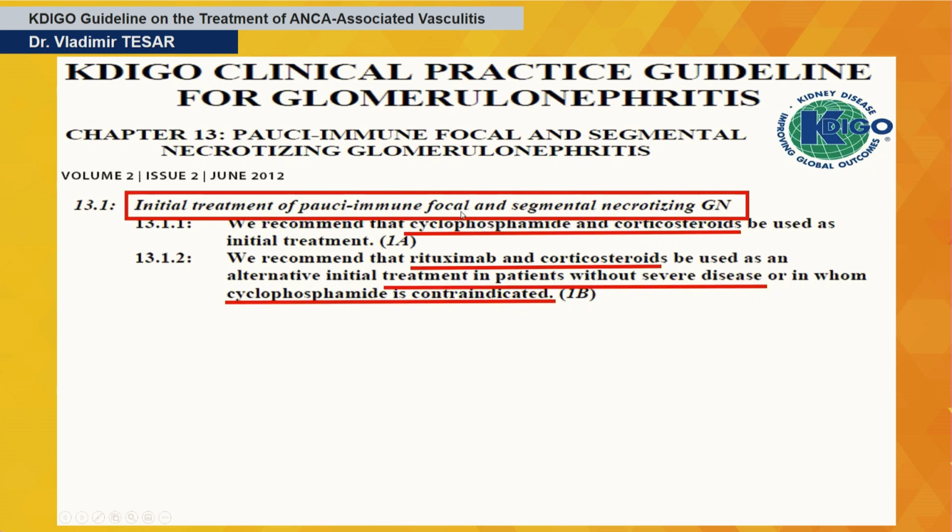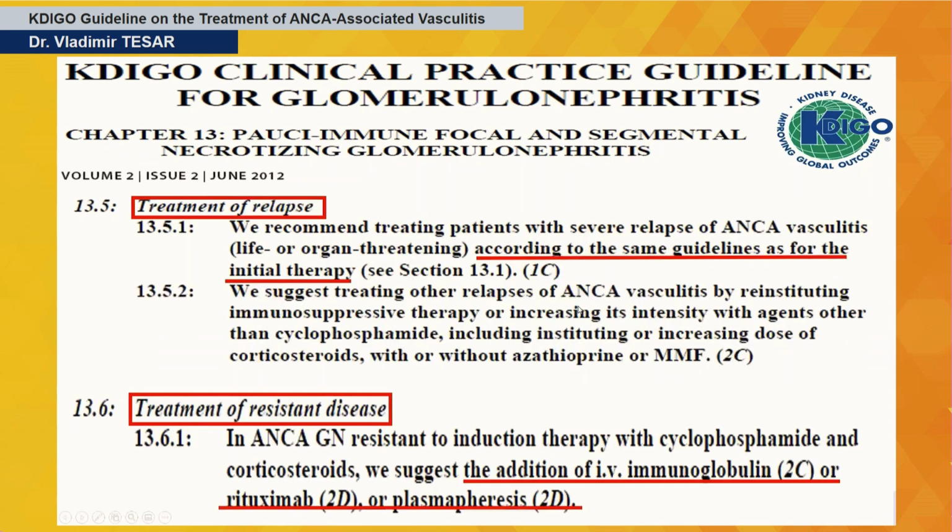Initial treatment of pauci-immune focal and segmental necrotizing GN: we recommend cyclophosphamide and corticosteroids, and rituximab and corticosteroids were recommended only as an alternative initial treatment in patients without severe disease, taking into consideration that the evidence for these patients is insufficient, or for the patients in whom cyclophosphamide is contraindicated.